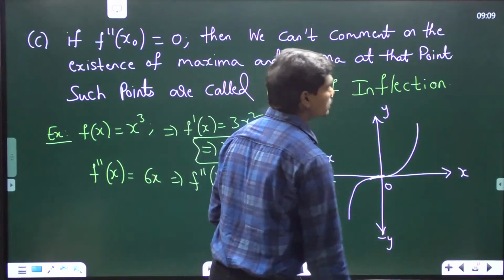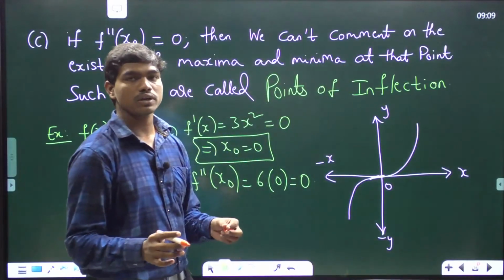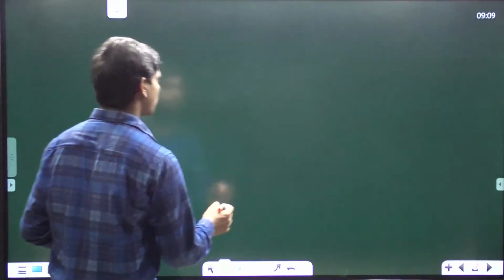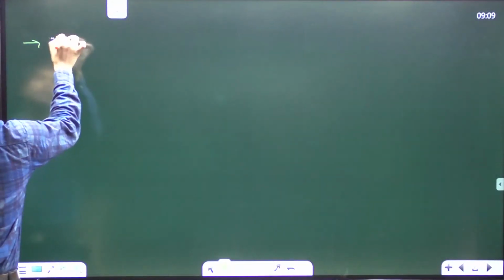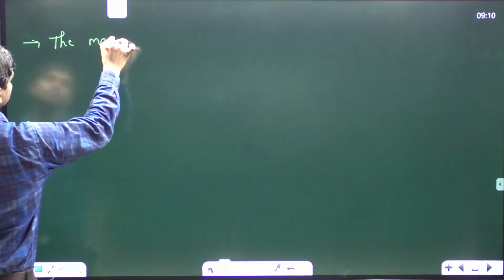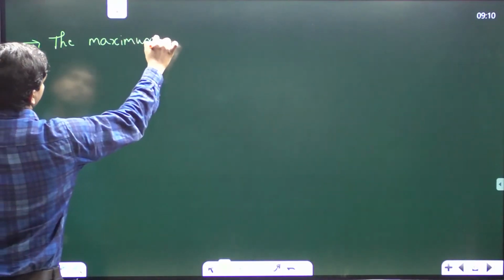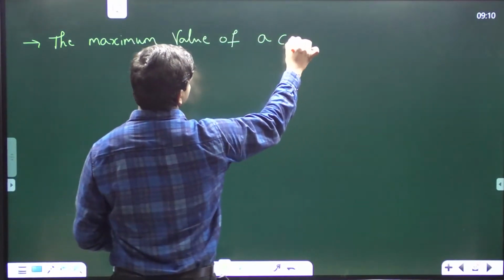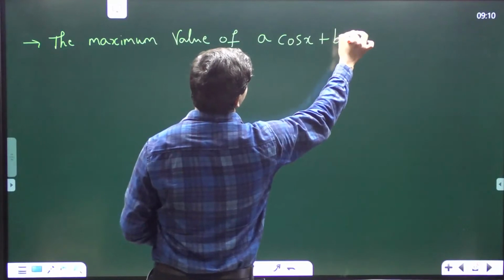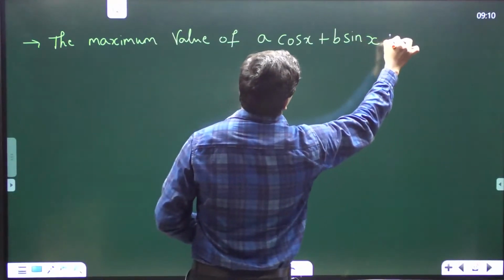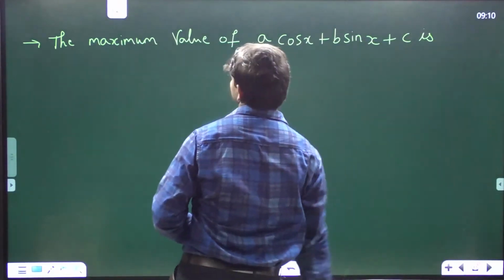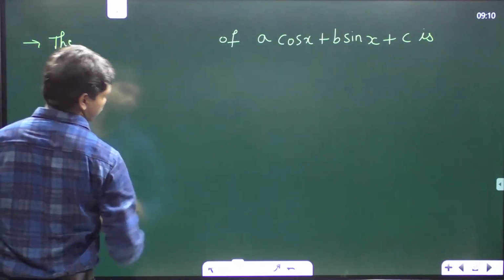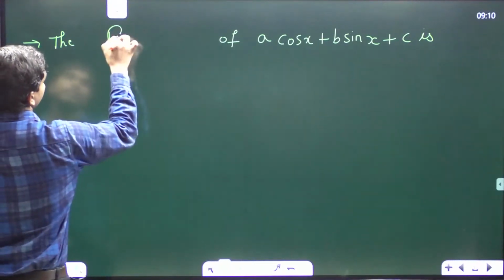So before closing today's lecture, in the next 5 minutes, I would like to give you 2-3 important things that are really needed for solving tomorrow's examples. The maximum value of A cos x plus B sin x plus C, or in fact you can write the range.